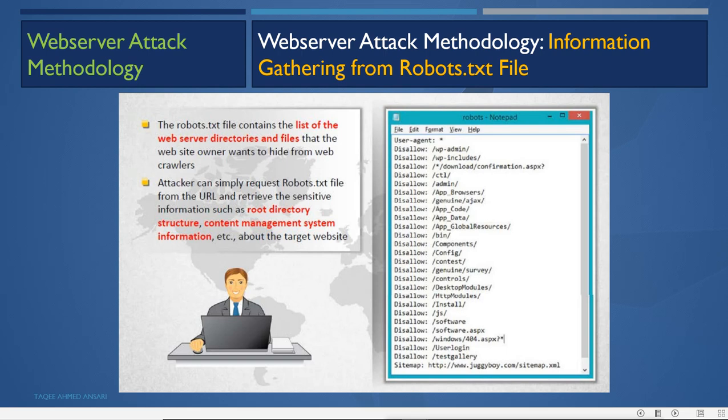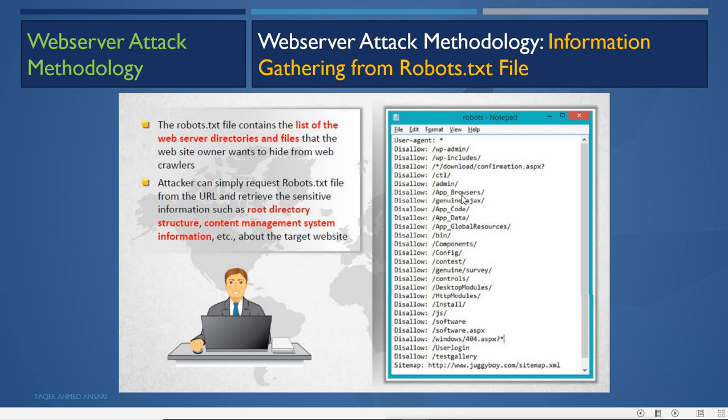It is like this. If you can see the image, it says disallow these directories, so those crawlers will not crawl these directories. Administrators put the names of directories that contain sensitive information here. What can the attacker do? The attacker can request this robots.txt file by manually adding the robots.txt name to the URL.